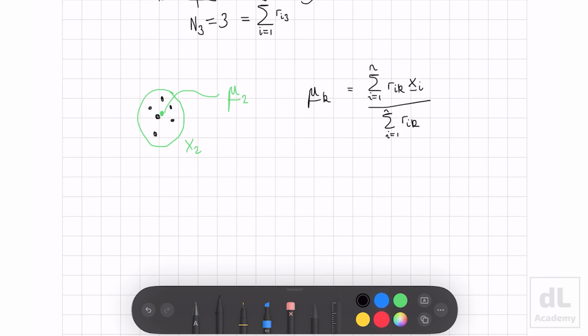What you'll notice is this bottom bit is just n_k, the number of samples in the k-th cluster. If the sample belongs to this cluster, r_ik will be 1, and then we're just going to add up all the vectors together and divide by the total number that belong in that set. So this is just a simple average vector that belongs to that cluster.